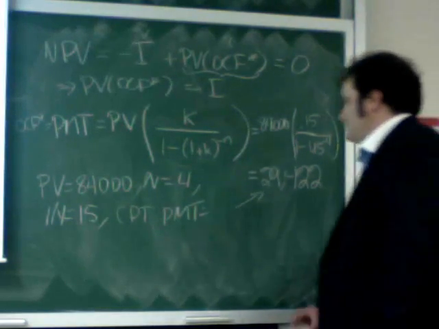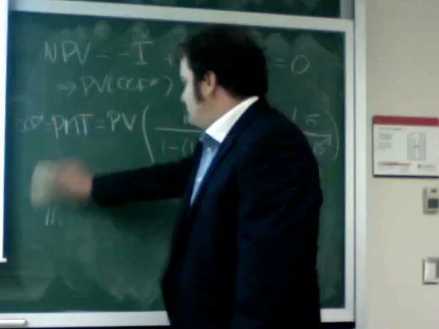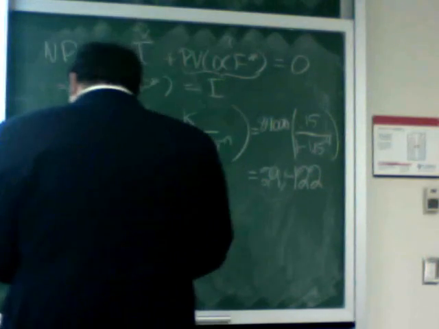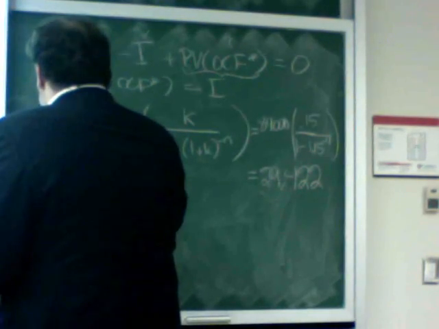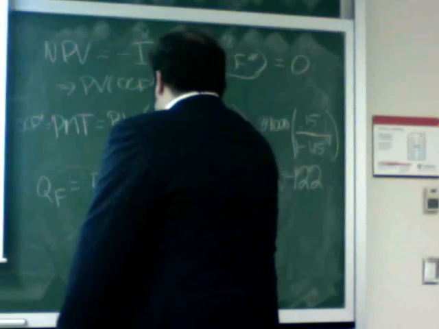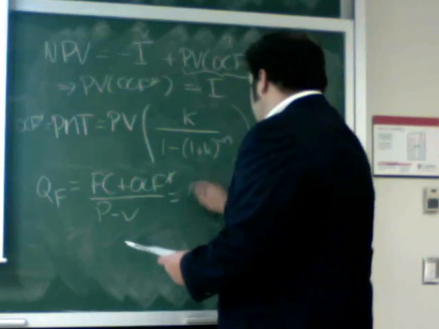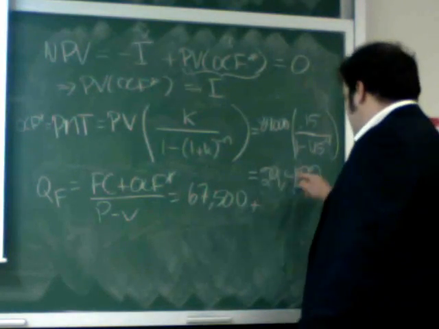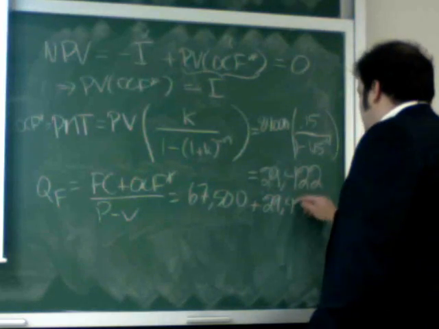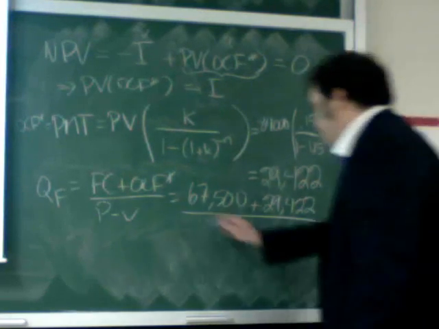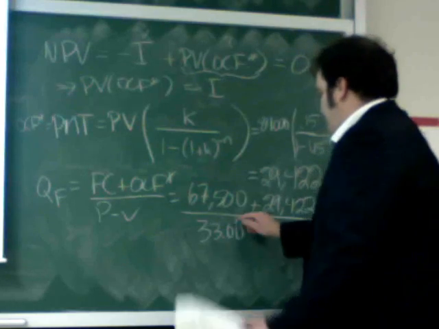Now I know my OCF star, I can just plug the number into the formula. The fixed cost is 67,500. OCF star is that number, 29,422, and then price is 33.